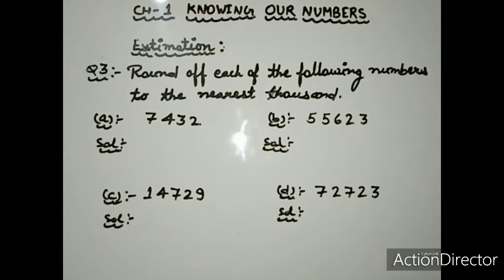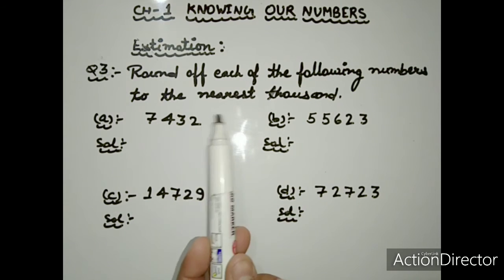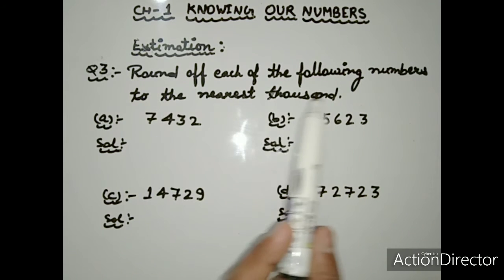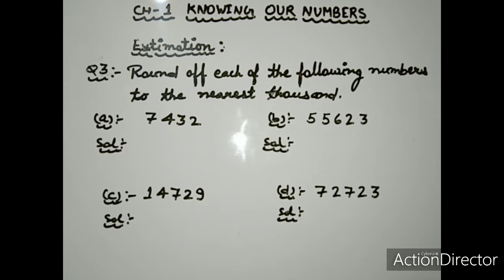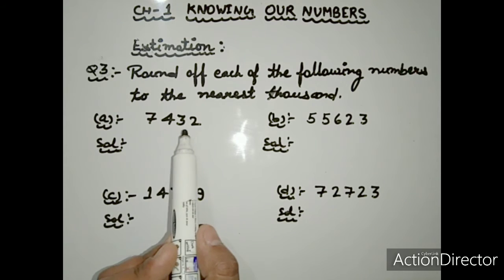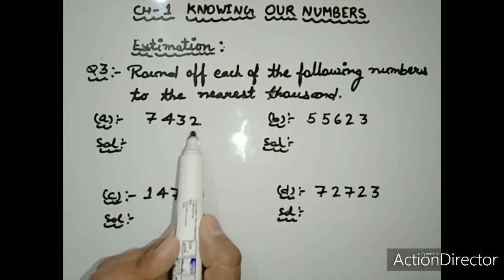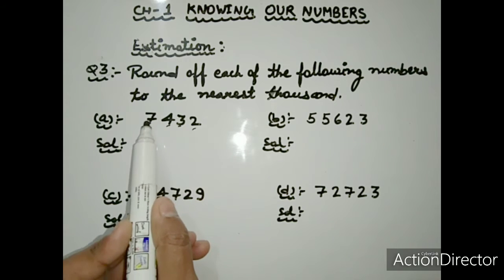Now here we round off the numbers to the nearest 1000. The third question: round off each of the following numbers to the nearest 1000. Here we will apply the same rule and check the digit on the right-hand side of the required place. The first number is 7432. The required place is 1000, so ones, tens, 100, 1000.